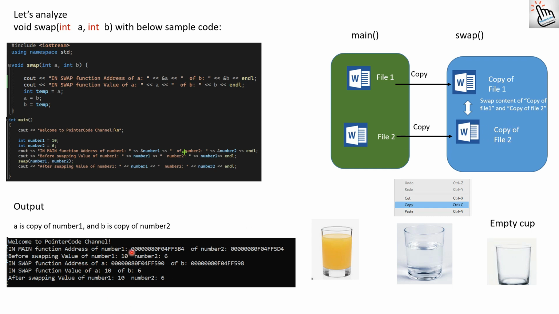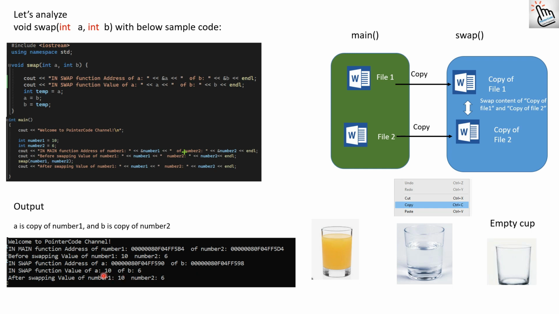And you can easily see that the addresses of number 1 and number 2 and the addresses of A and B are different. It means that it makes two new variables in memory and copies the content from number 1 and number 2 to the A and B variables.